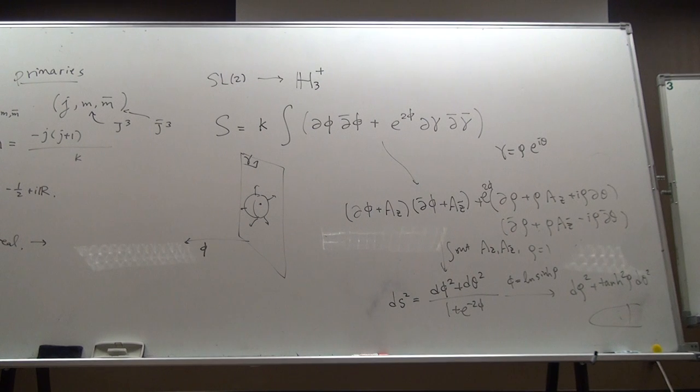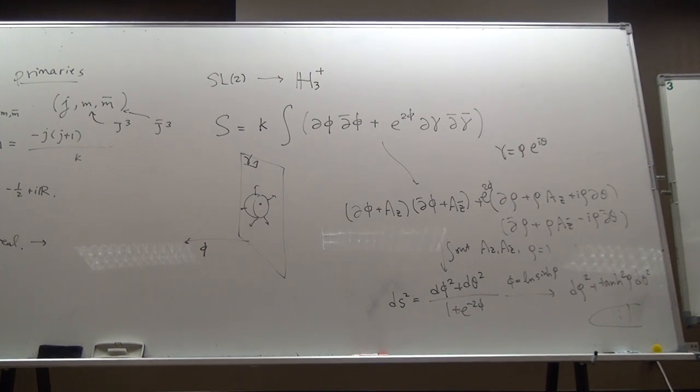Let me write, one can organize these primaries phi_j, with m and m bar, as functions of z, in terms of a kind of generating operator, if you wish. You can write this through a Laplace transform, the integral d squared x of x to the j plus m, x bar to the j plus m bar, times phi_j as a function of this complex parameter x and z.